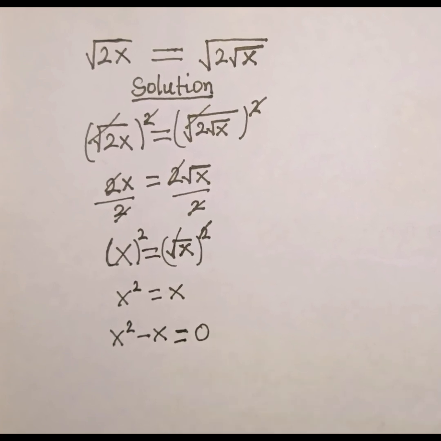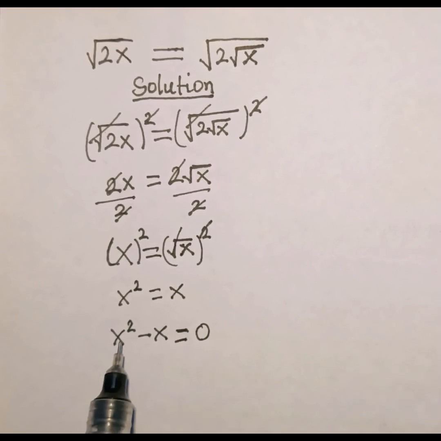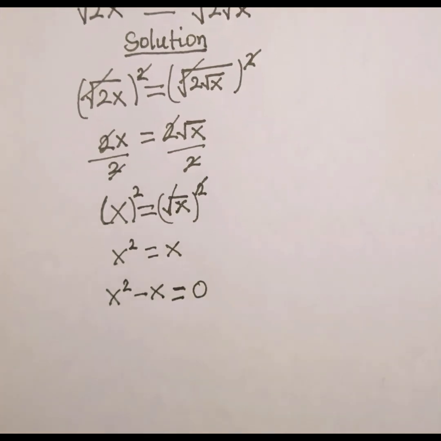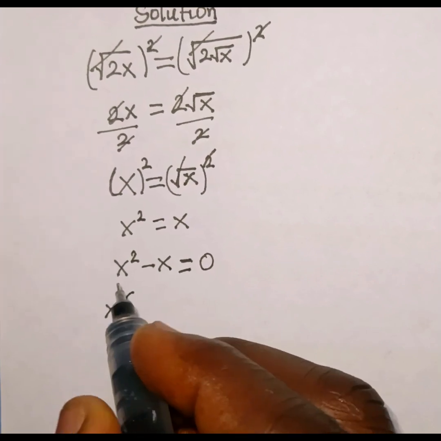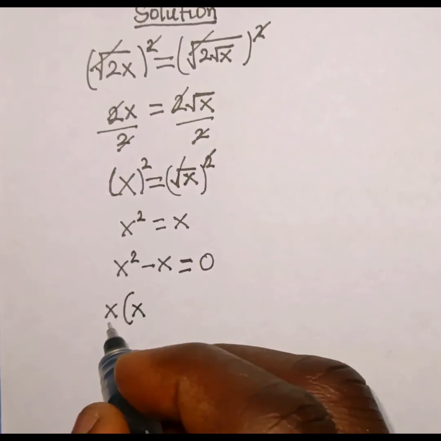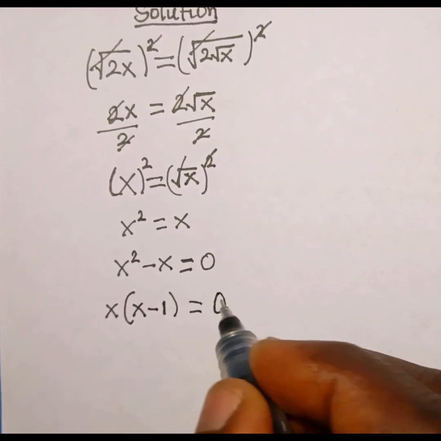Right now, if you look at the left hand side of this equation, x squared minus x, you can see that x is common. x is here and also x is here, so we're going to factor out x. When we factor out x, we are going to have x open bracket, x squared divided by x remains only x, then minus x divided by x is minus 1, which is equal to 0.